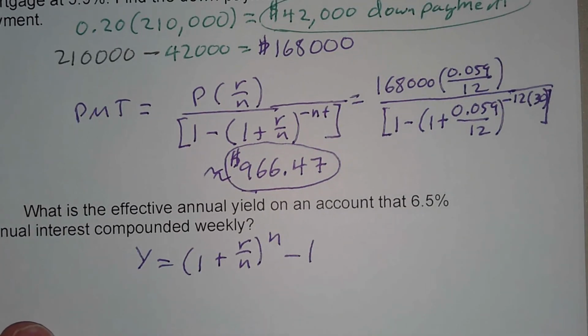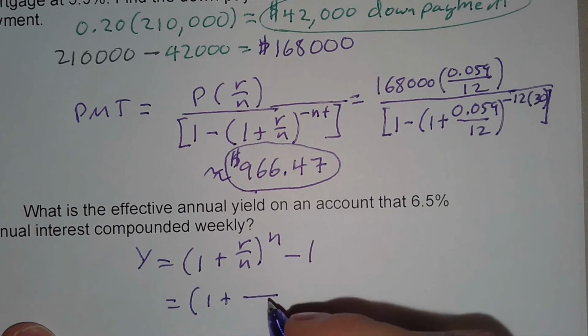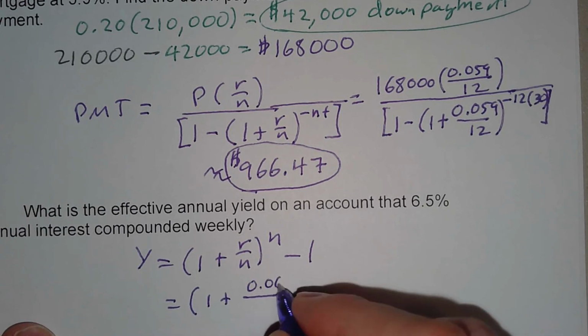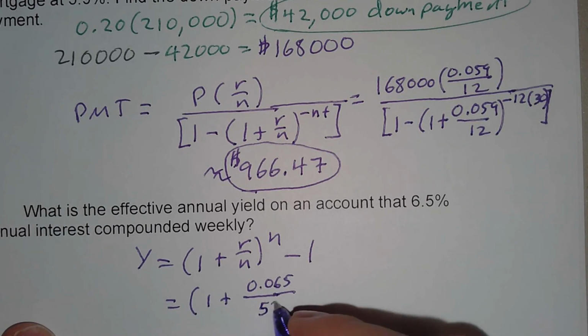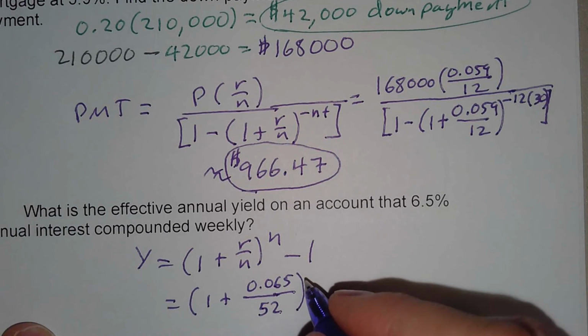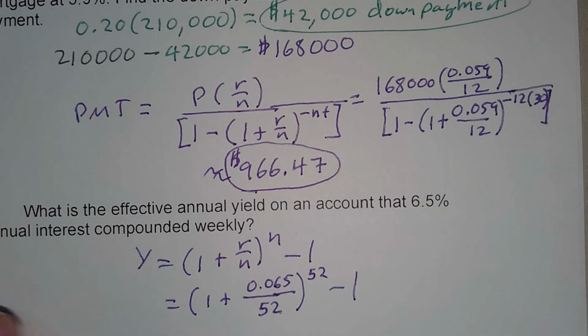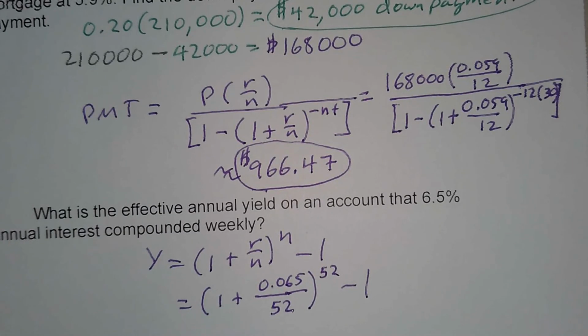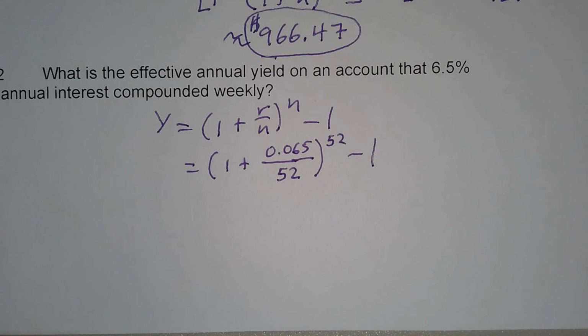So we're going to plug in. Take that as 0.065. And it's compounded weekly, so remember there are 52 weeks in a year. So we're going to pop that into our calculator.